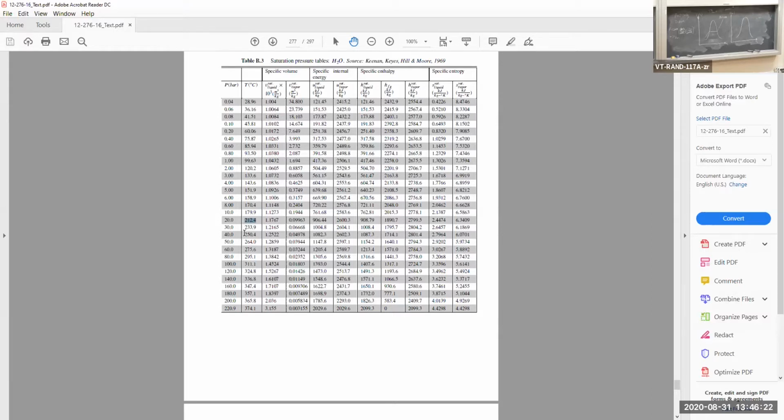We're right smack in the middle of the two. So I have 233.9 plus 212.4, and I'm going to divide that by 2, and I get 223.15 degrees C. That's from just doing a simple interpolation.